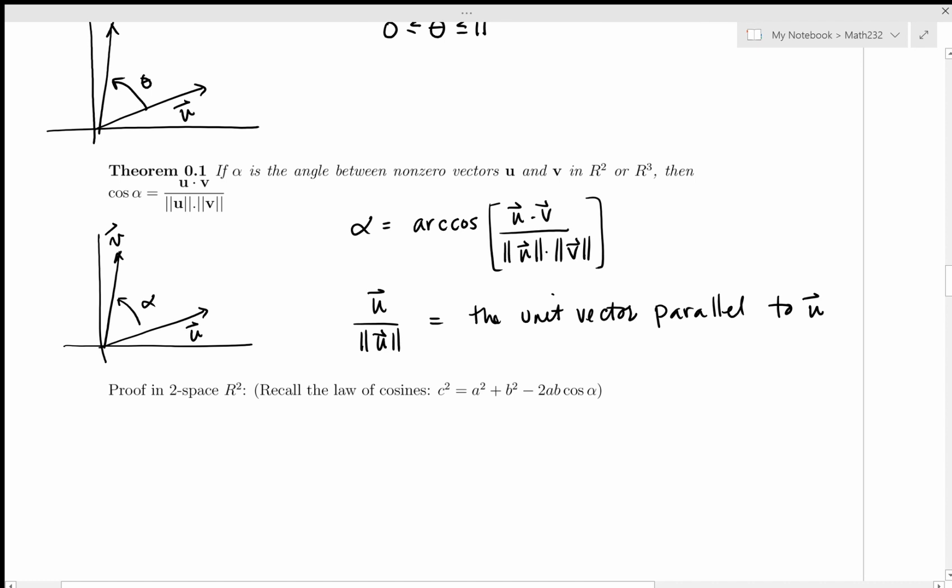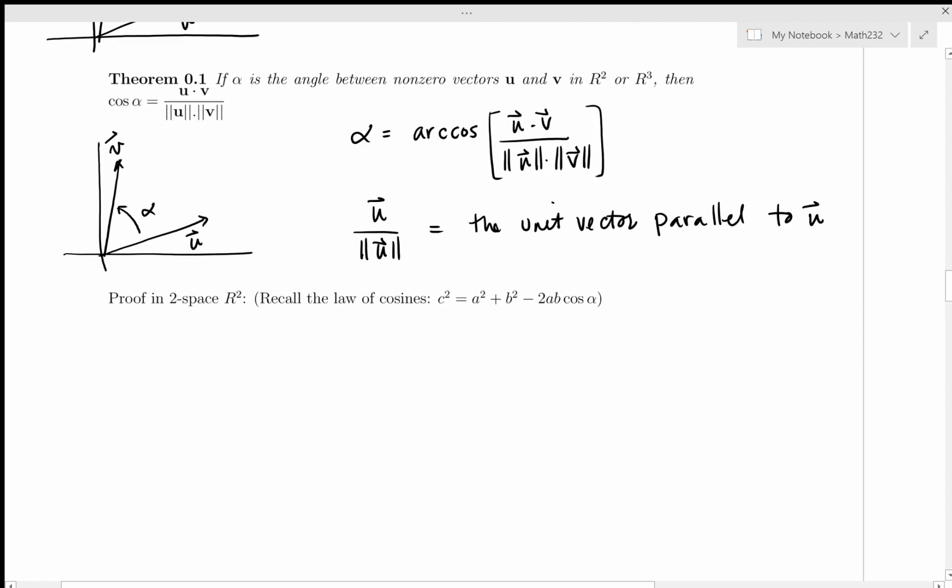This is a non-trivial piece of information: if you're given the algebraic definition of two vectors, you can simply take the dot product of them, find their norms, and from that figure out what the angle between those two vectors is.